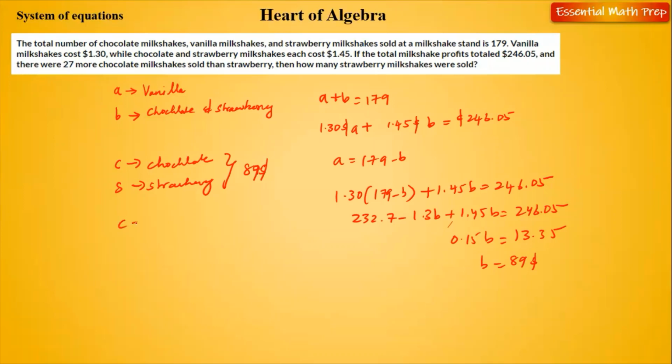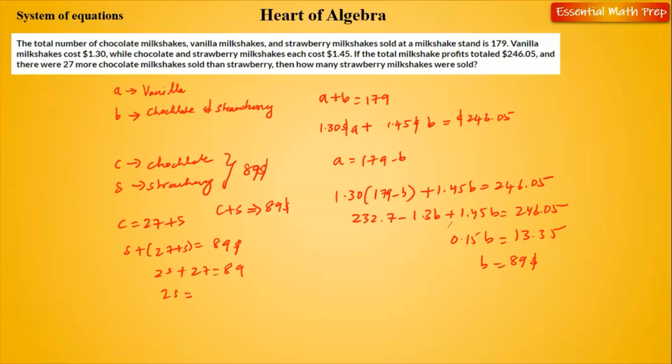So C equals 27 plus S, right? So that means S plus 27 plus S equals 89. Do you see how we get this expression? Because C plus S equals 89, right? S can stay as it is, but C is 27 plus S because there are 27 more chocolate milkshakes. So 2S plus 27 equals 89.